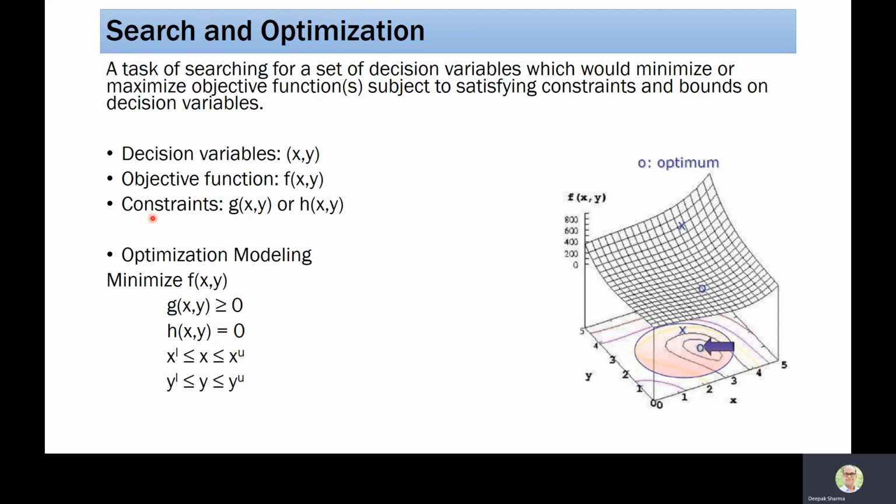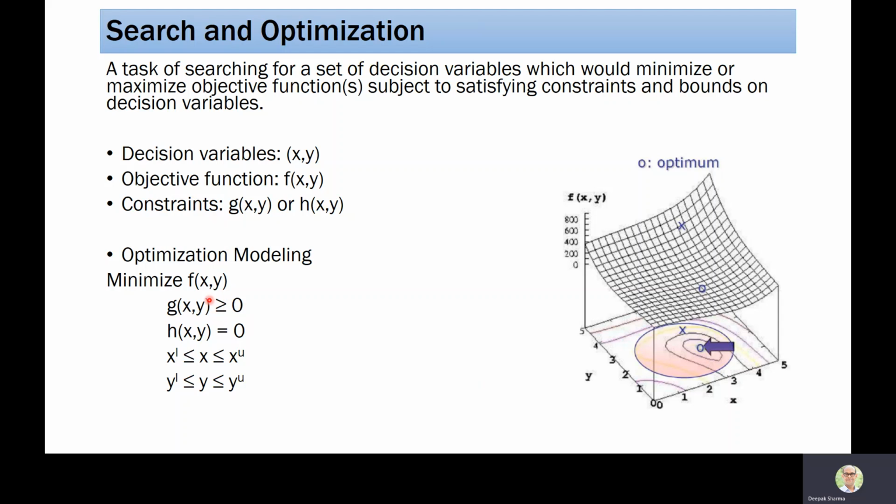Similarly, we have constraints. A constraint signifies the restriction, and we can write the restriction in another form of equation, which is G and H. If we are going to make a model, suppose we want to minimize the function subject to two constraints. One constraint is greater than or equal to 0.